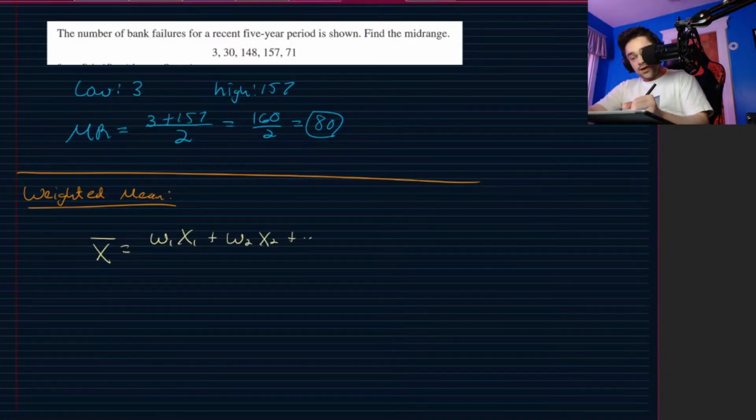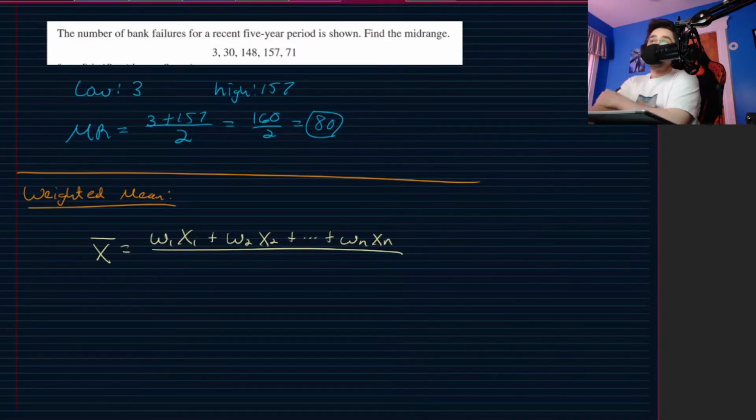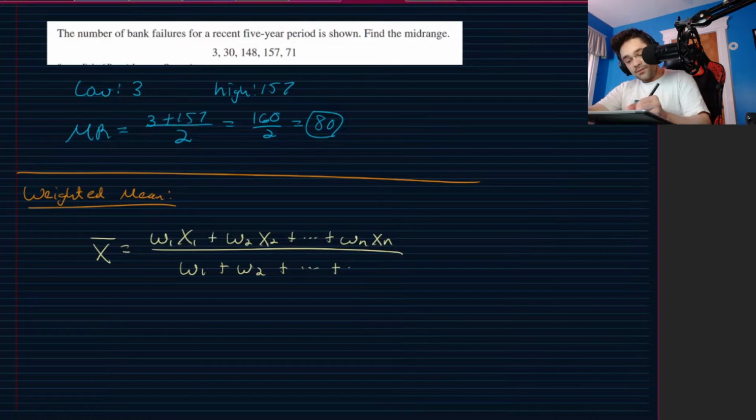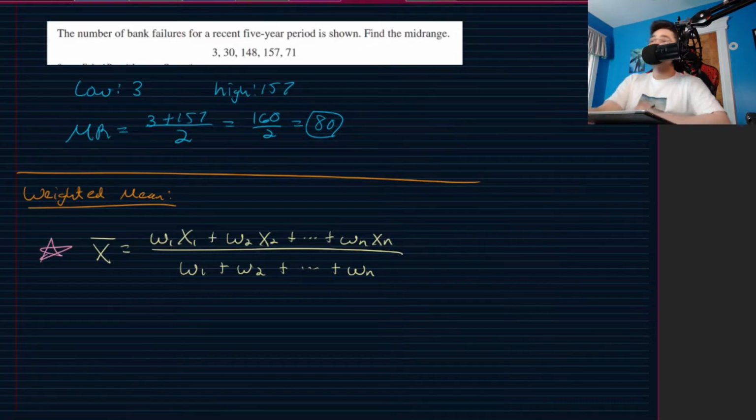So dot dot dot here plus Wn xn, and we divide this sum by the sum of the weights. So it's W1 plus W2 plus dot dot dot plus Wn. This is the formula for weighted mean. It's the sum of the weights times their data value divided by the sum of the weights.